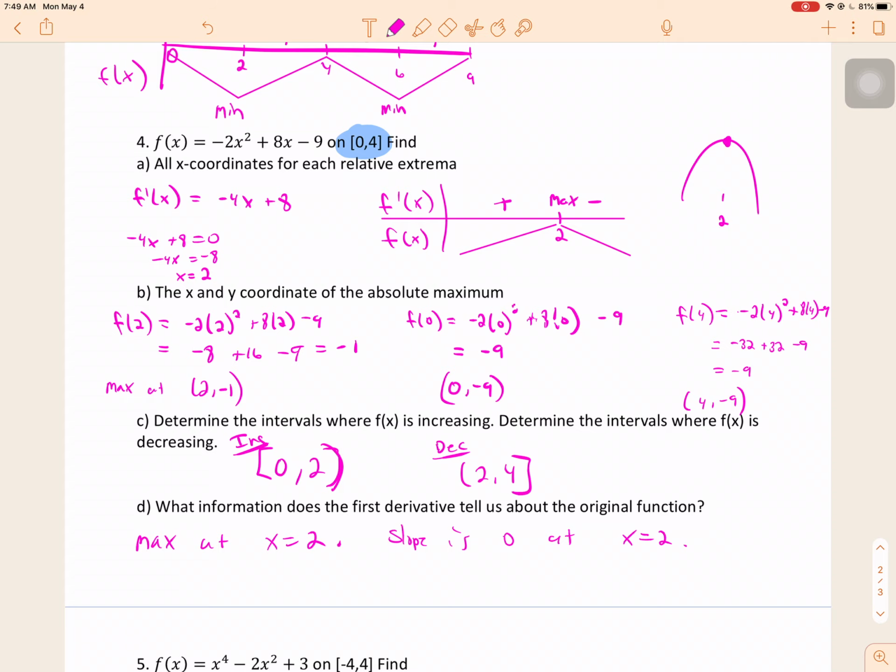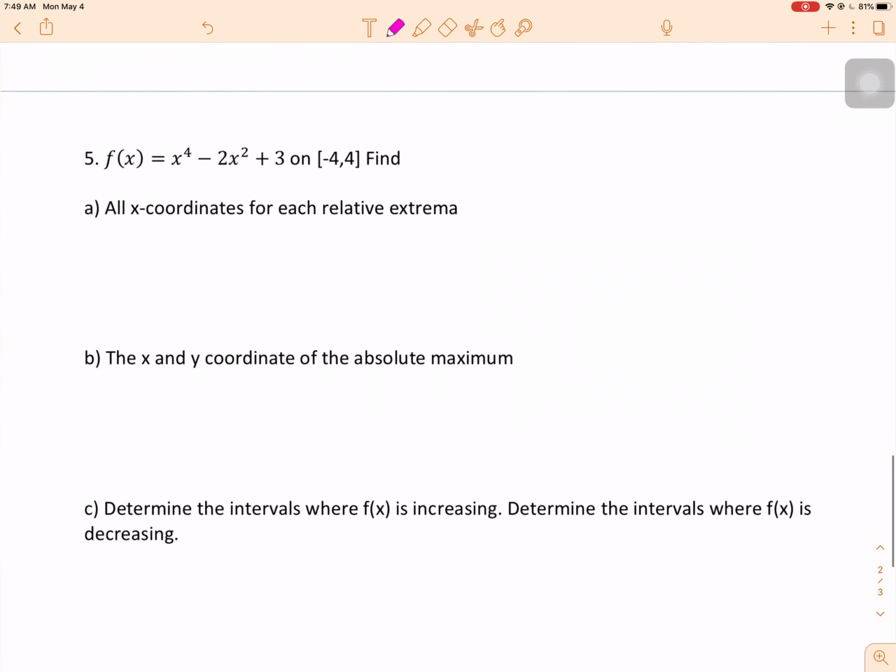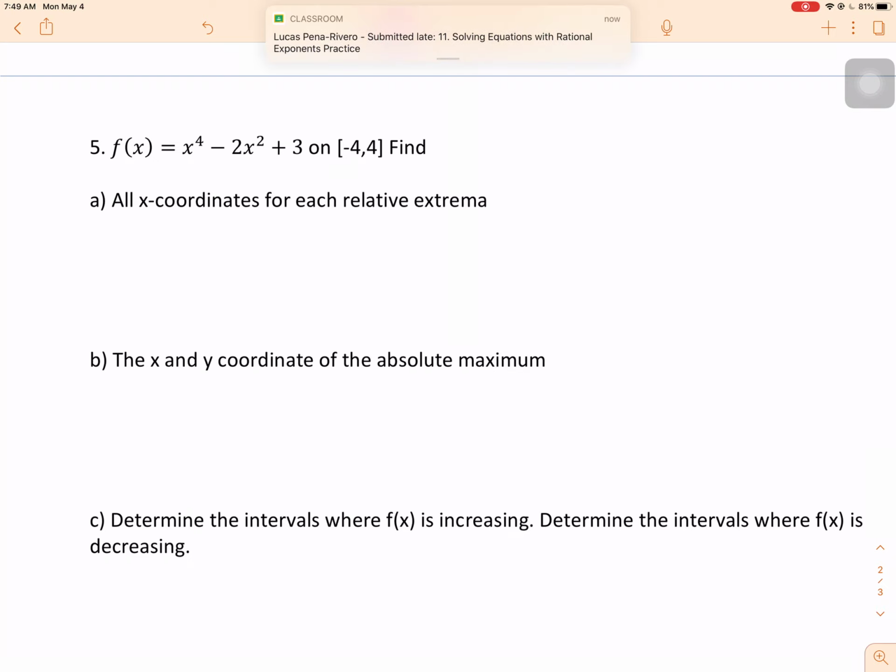Okay? Good. Now, number 5 becomes a little more difficult because your derivative is going to have more critical values. So when you take the derivative of this, f prime of x is going to be 4x cubed minus 4x, right? And you could set this equal to 0.